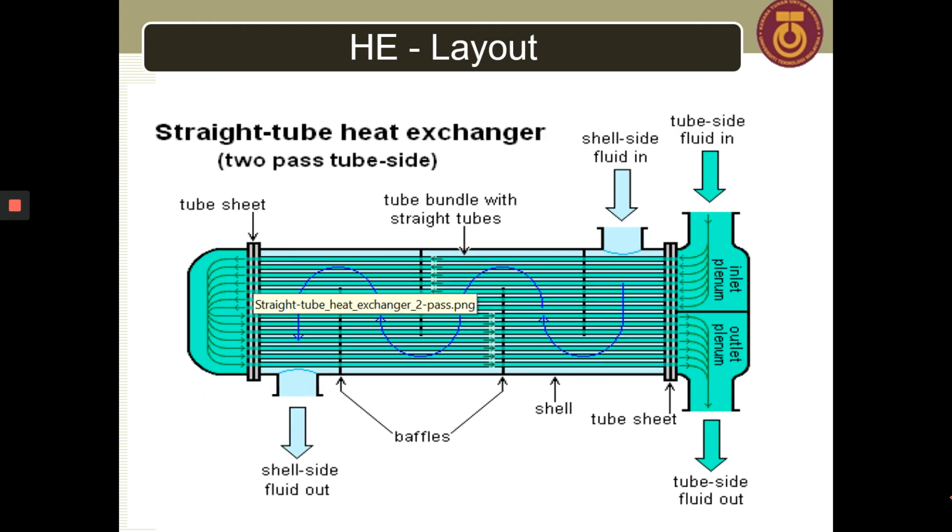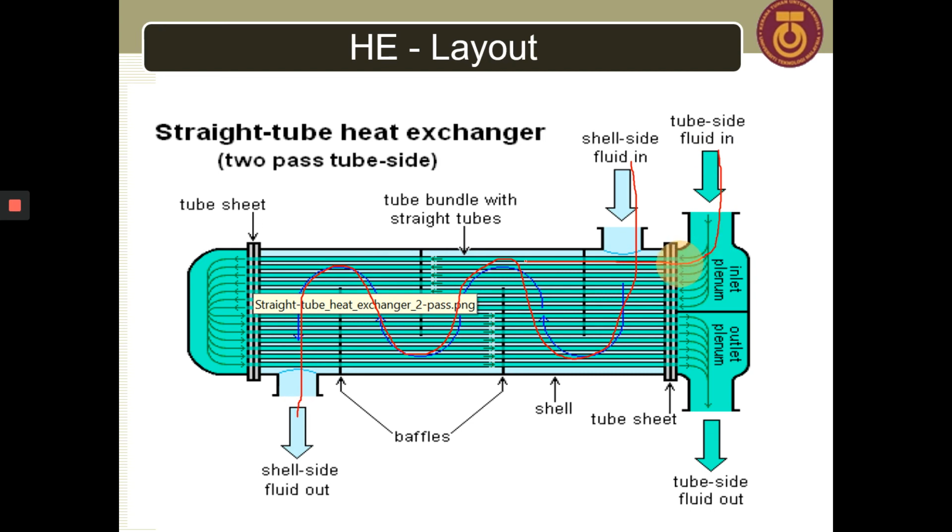Okay, now, yes. So this is like two pass shell and tubes. For the shell, it is one pass because it comes from here, same pattern, only one direction. But for the tube side, the outlet and the inlet are at the same position.